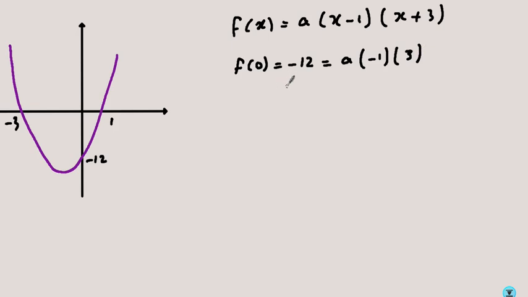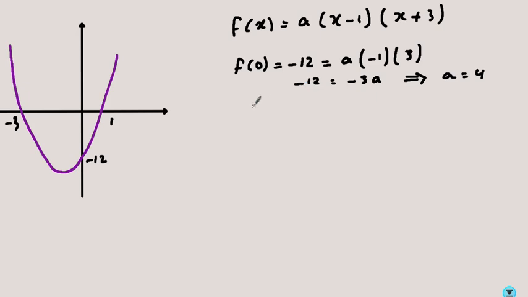So what we have here is negative 12 equals negative 3a. And this leads to a equals 4. And you're done.